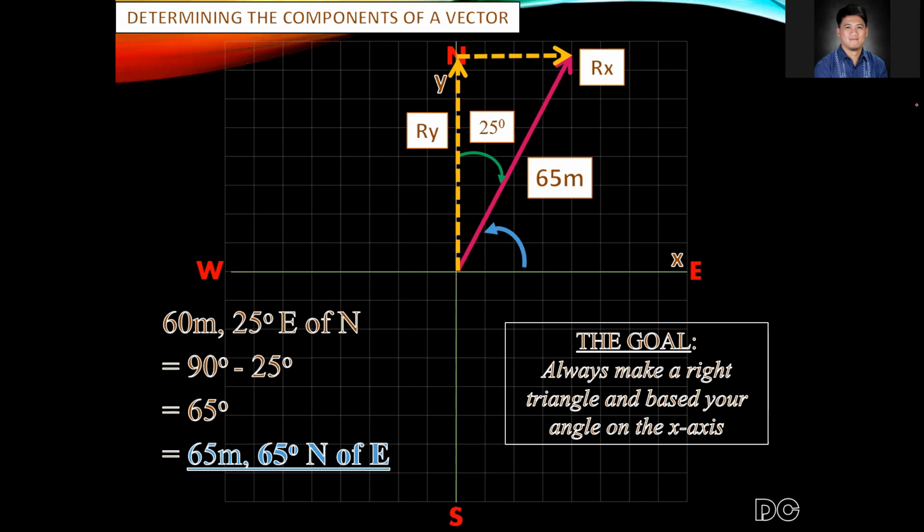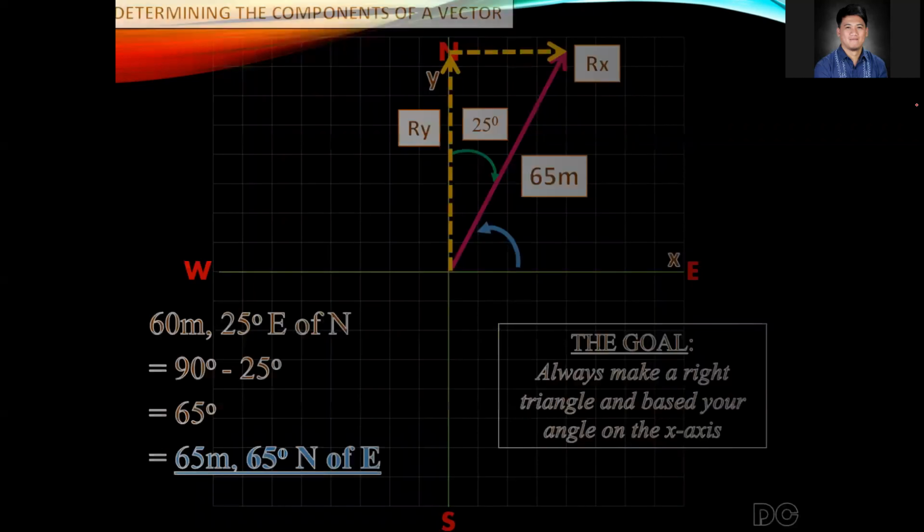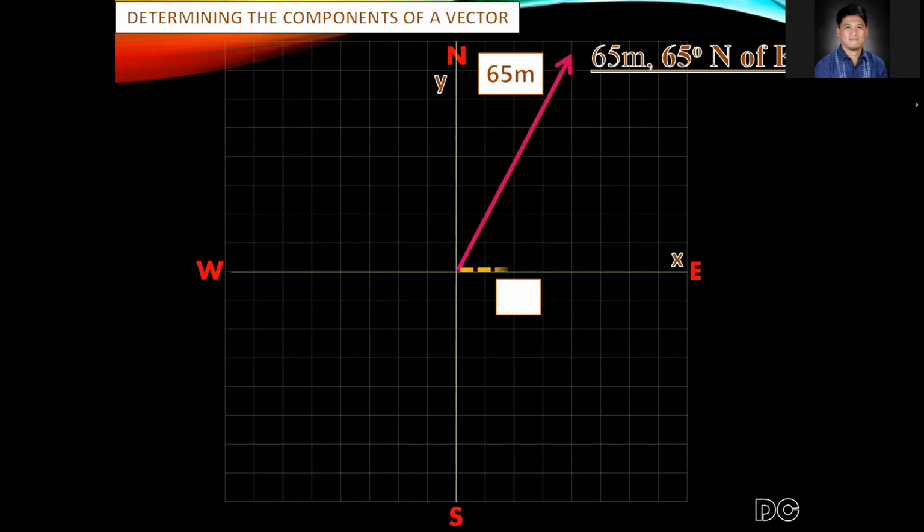Then after that, we can now solve for the x and y components using the angle 65 degrees north of east. So this is the x component and the y component of the angle 65 degrees north of east. To solve for the x and y components, we will use the sine and cosine functions.